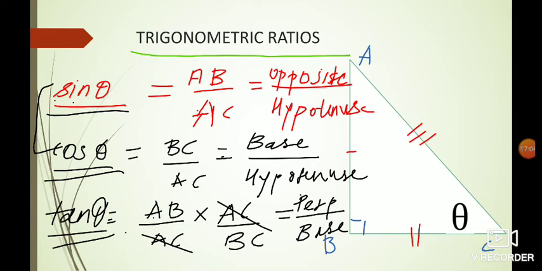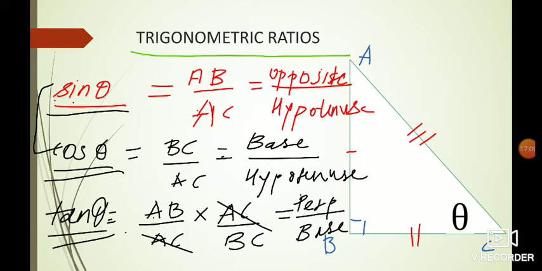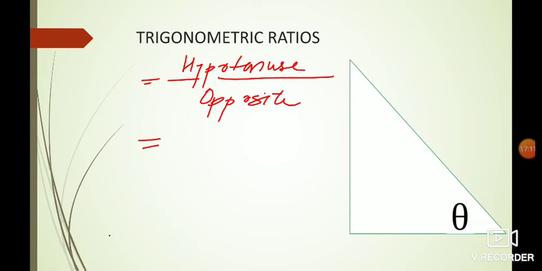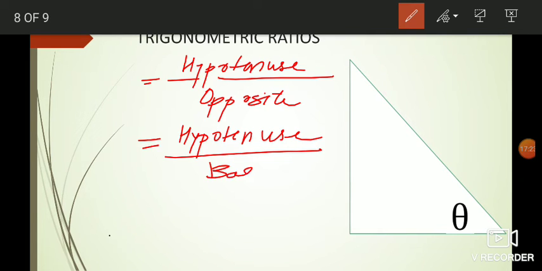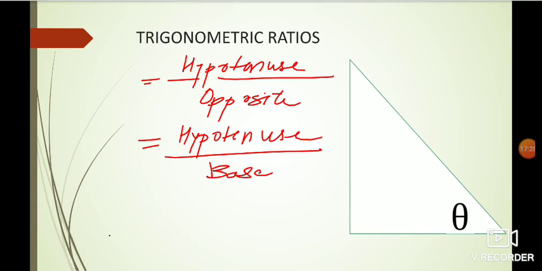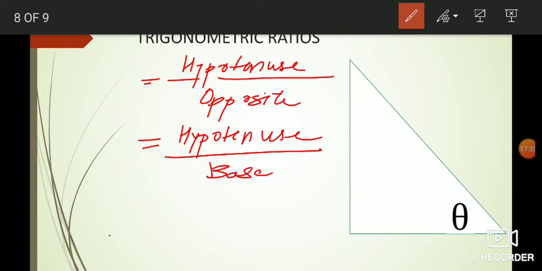Sin theta is opposite upon hypotenuse, its reciprocal is hypotenuse upon opposite. Cos theta is base upon hypotenuse, we write the reciprocal as hypotenuse upon base. The next one is tan theta, perpendicular upon base. Its reciprocal will be base upon perpendicular.